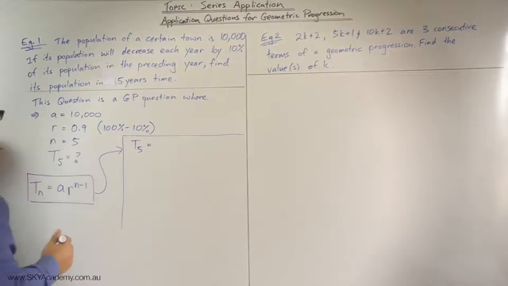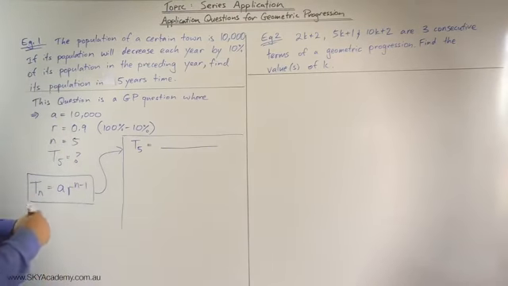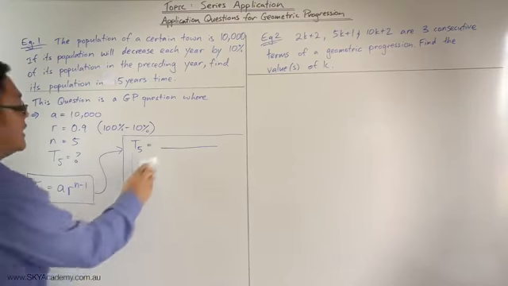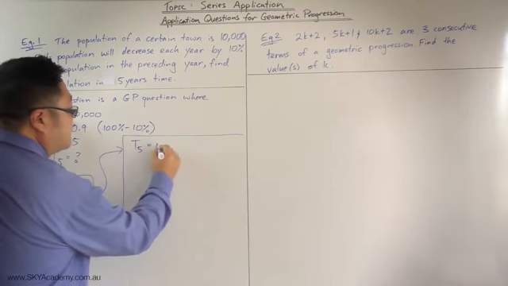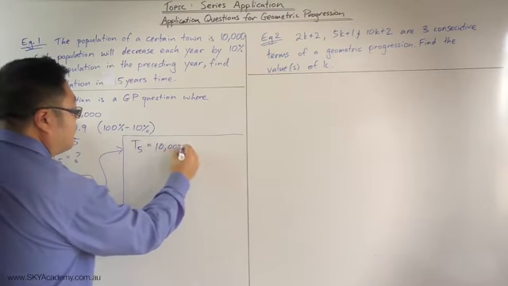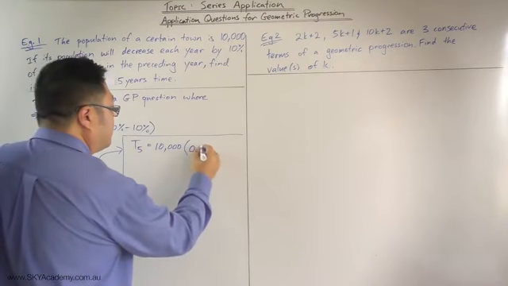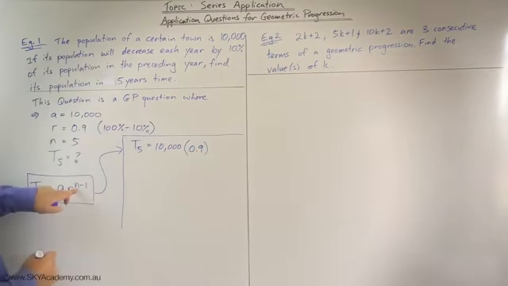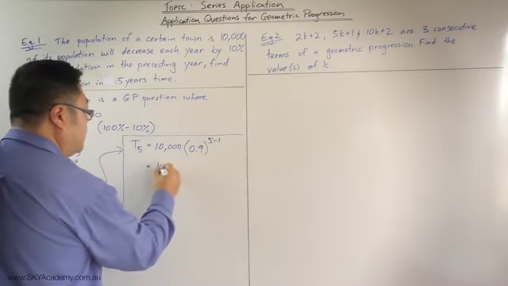T5 is going to be equal to 10,000 times r, which is 0.9, to the power of n minus 1, which is 5 minus 1, which is 4.